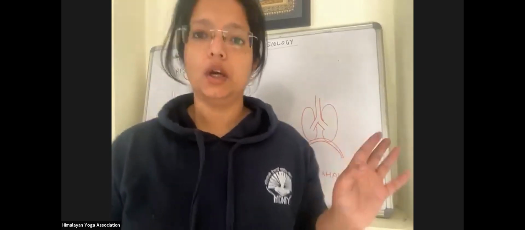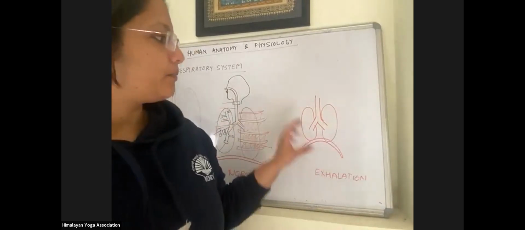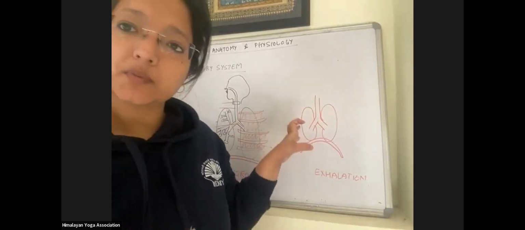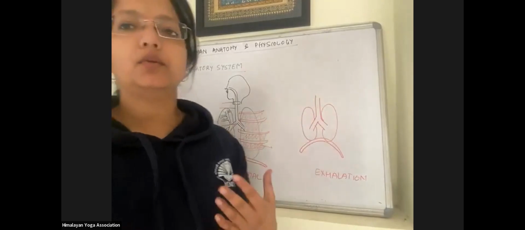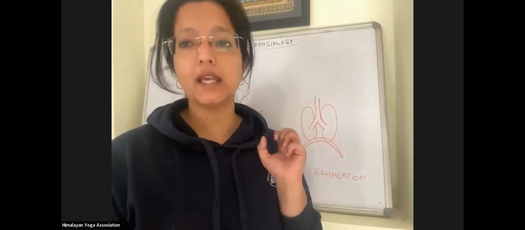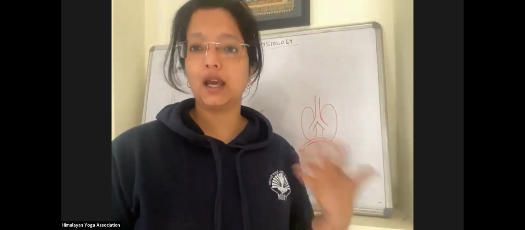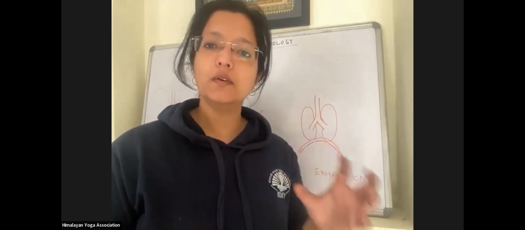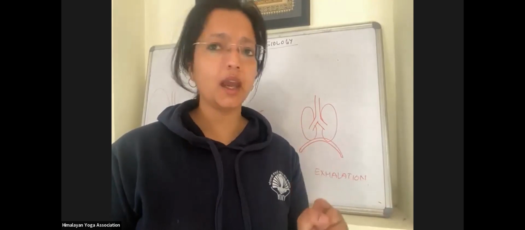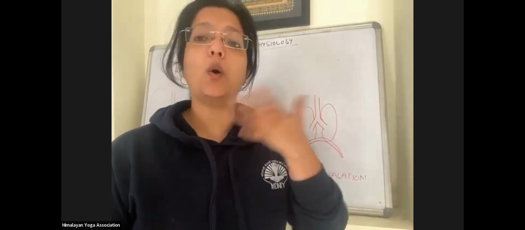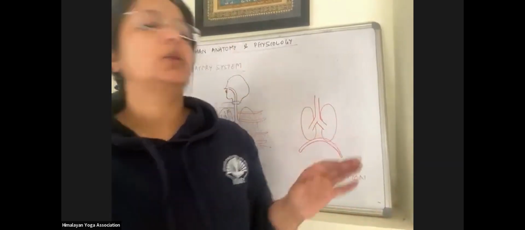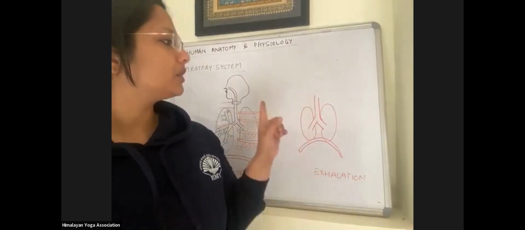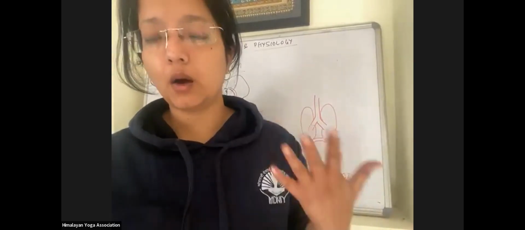So it always stores some reserved air in the lungs. Okay, so when one exhales, the size of lungs becomes smallest. But in yogic deep breathing, we try to expel as much as we can. Don't worry, your body will help you. It will always keep some reserved air. It will never allow your body to expel all the air out. So in yogic deep breathing, we have to try to exhale out as much air as we can.